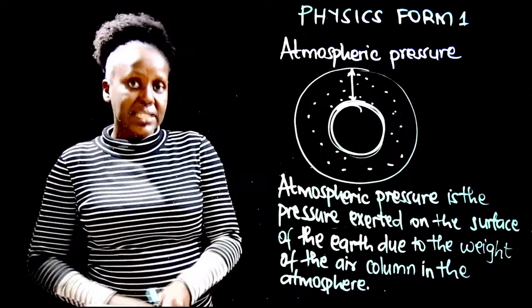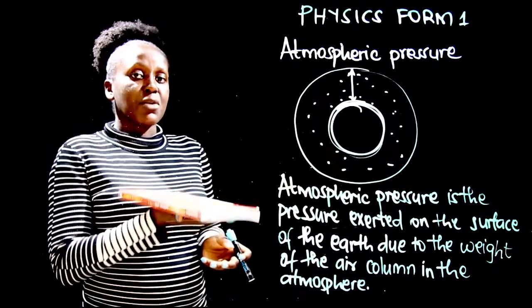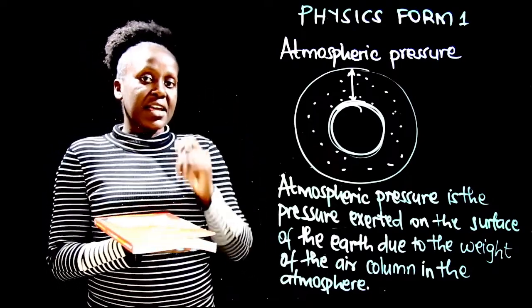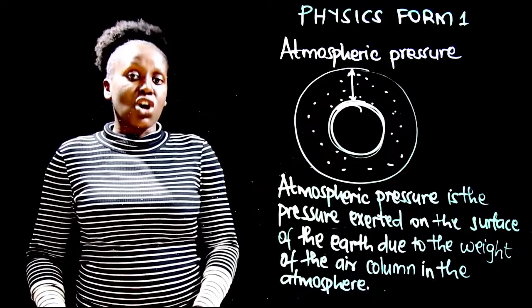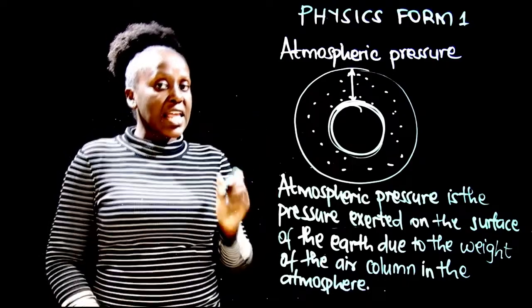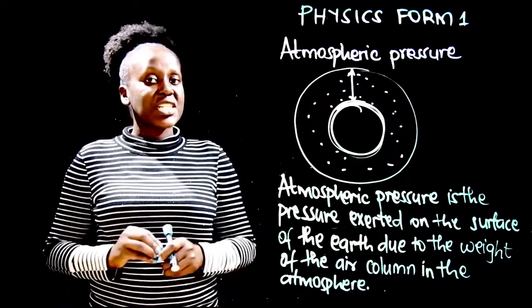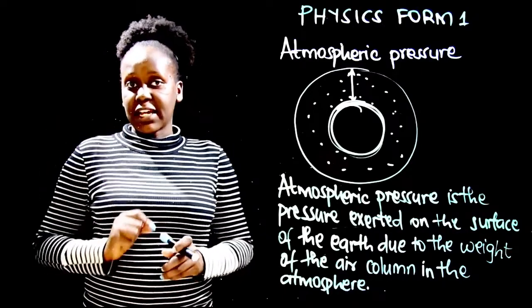If I place this book on my palm, it will be exerting pressure on my palm in a downward direction. But atmospheric pressure acts in all directions. And we are going to do another experiment to demonstrate that atmospheric pressure can act in all directions.